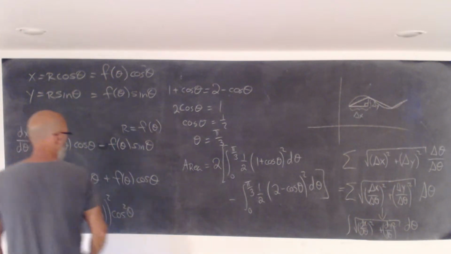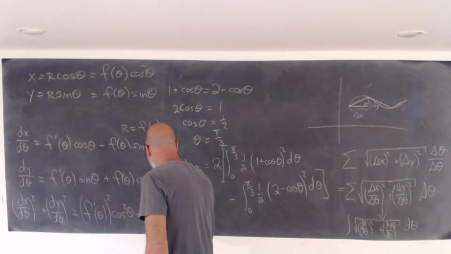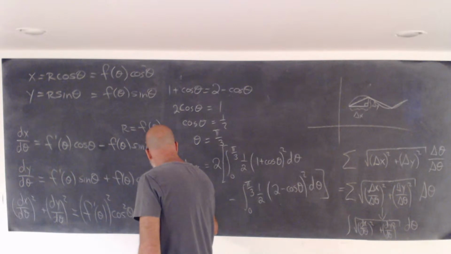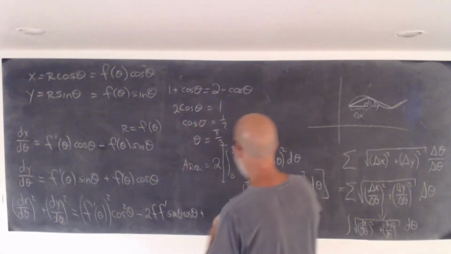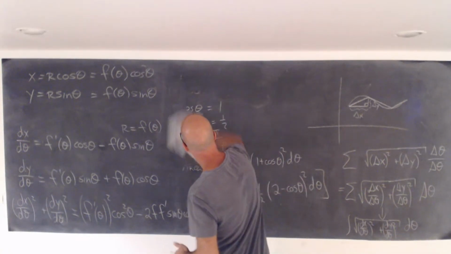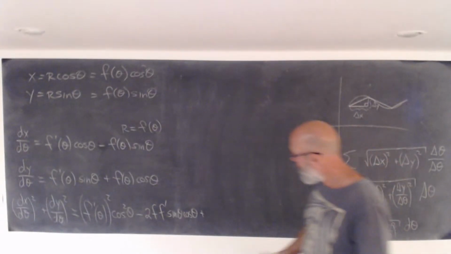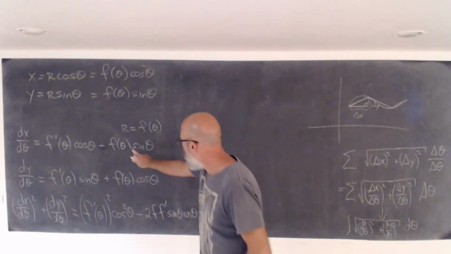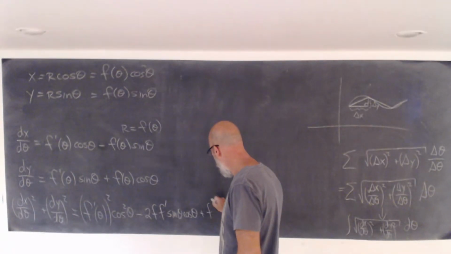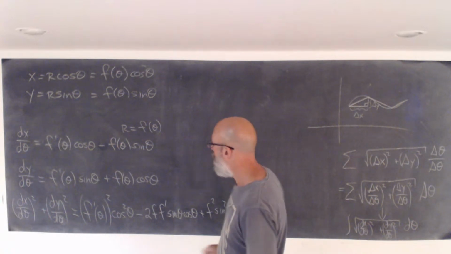This times 2. Plus this squared. Plus this squared.